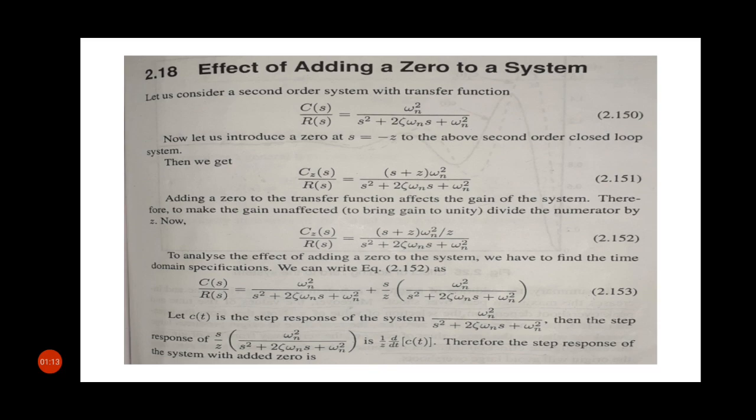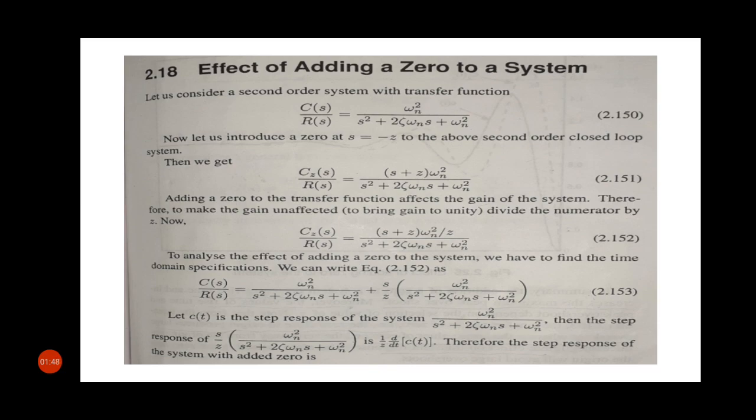Then our new transfer function is Cz(s)/R(s) equal to (s plus z) into omega n square divided by s square plus 2 zeta omega n s plus omega n square.